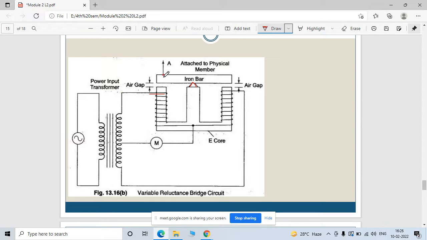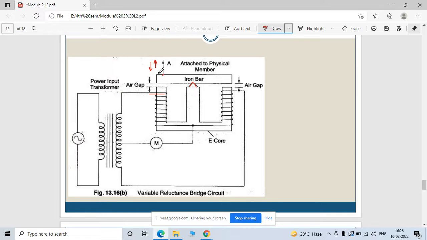The load is connected at one end of this bar magnet. When variation happens in your load, whenever displacement happens, this point A moves upward or downward depending on your displacement.